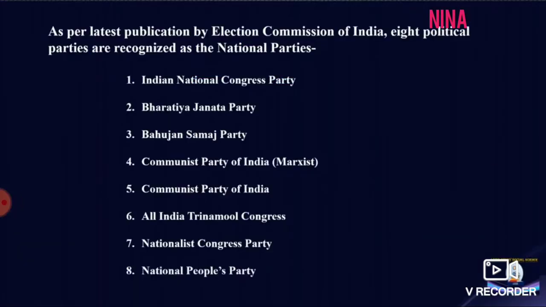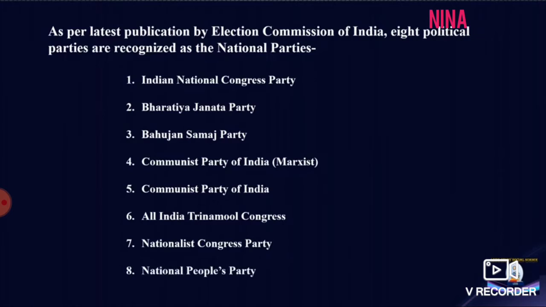Now see here, children. As per the latest publication by the Election Commission of India, 8 political parties are recognized as national parties. The names are Indian National Congress, Bharatiya Janata Party, Bahujan Samaj Party, and Communist Party of India, also known as the Marxist Party. Why is it known as the Marxist Party, children? It is based on the ideologies of Karl Marx.